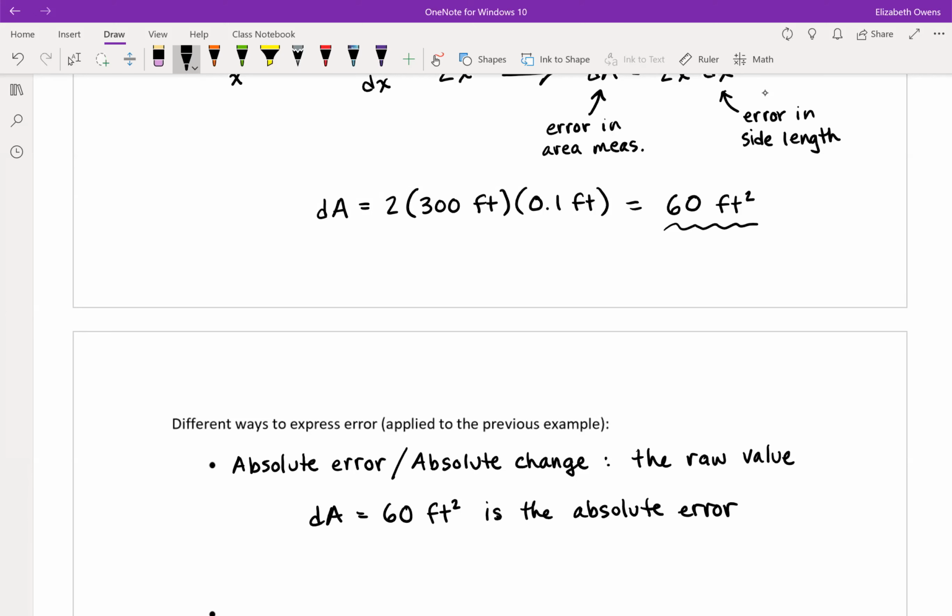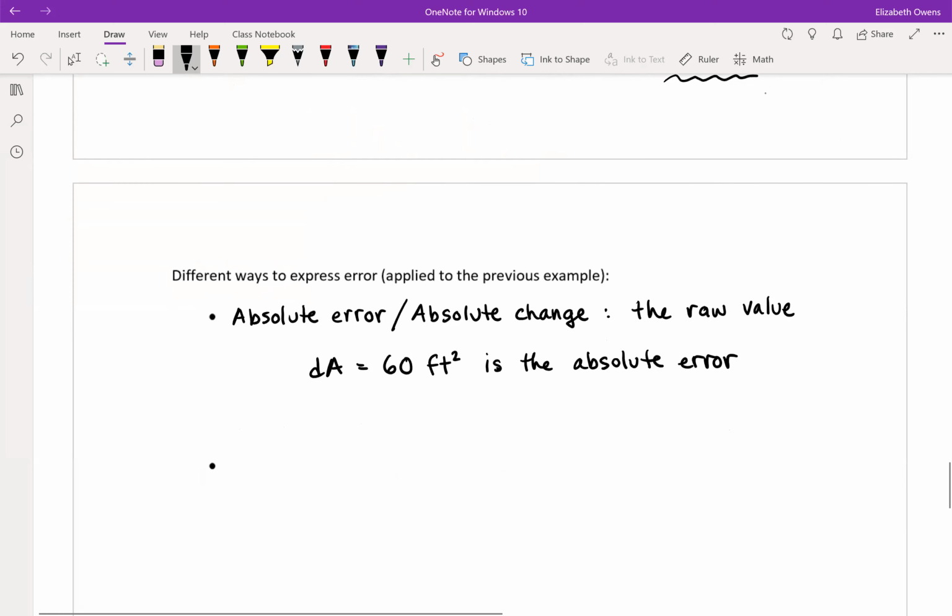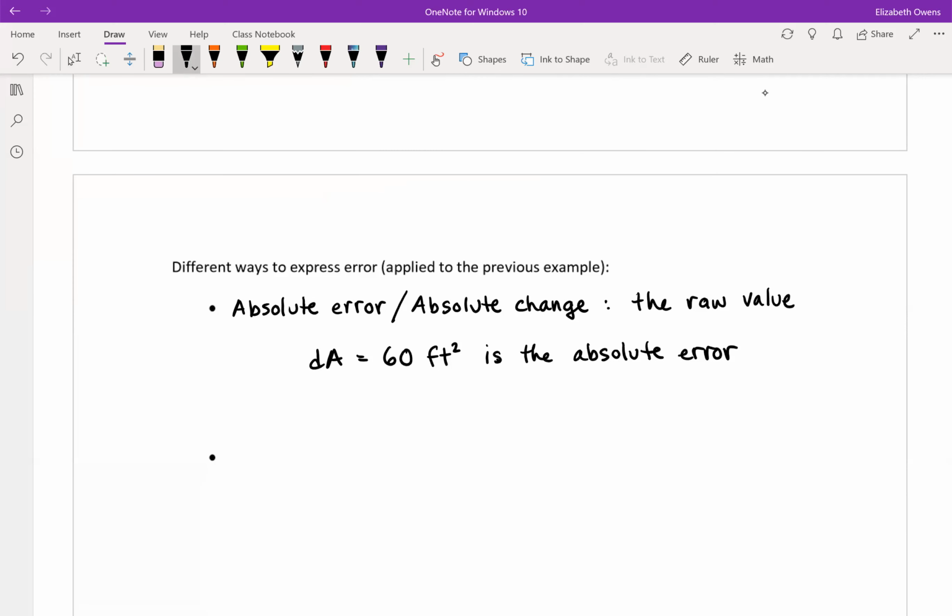Okay, now the next way we can look at error here is to make it relative to something else. And so this is called relative error, or sometimes this is referred to as a relative change. Okay.